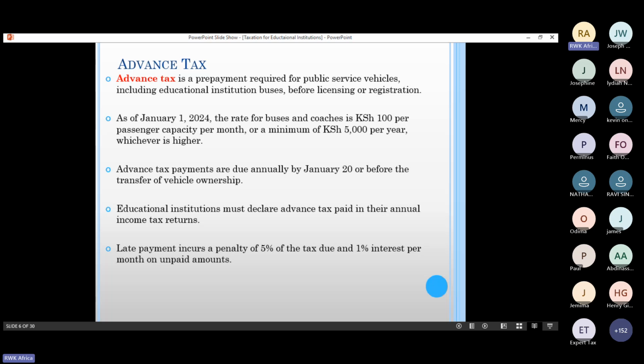It's very easy for KRA to audit you because at the end of the year, when doing the income tax, you declare under your balance sheet that you have motor vehicles worth 10 million. But from their records, they can't see any advance tax that you have paid. So you're going to get a letter from KRA demanding those taxes. So it's good to remain compliant and pay those taxes.